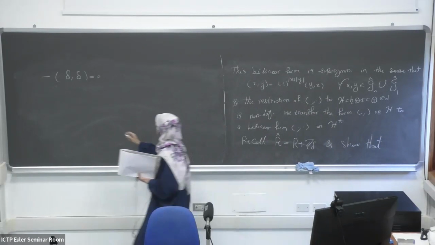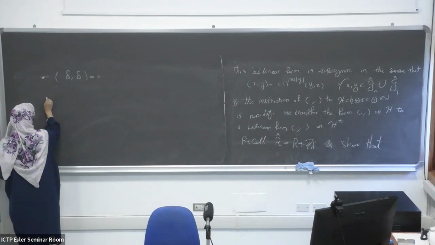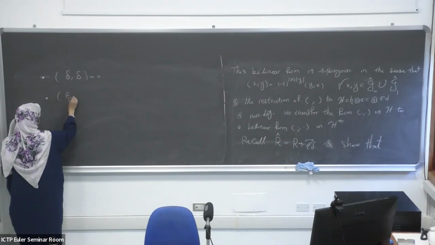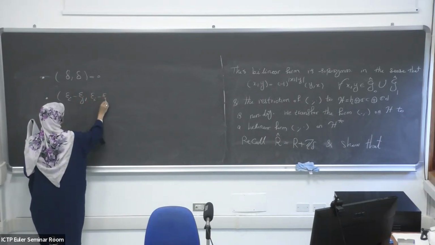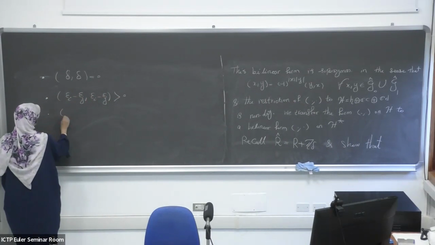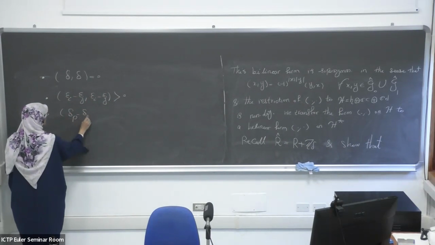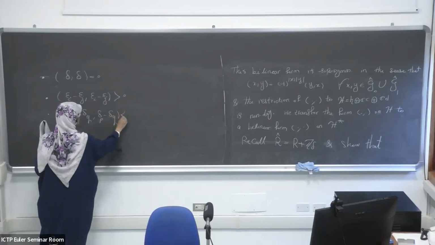Show that delta is 0. Show that epsilon I minus epsilon J, epsilon I minus epsilon J is positive. Delta P minus delta Q, delta P minus delta Q is negative.